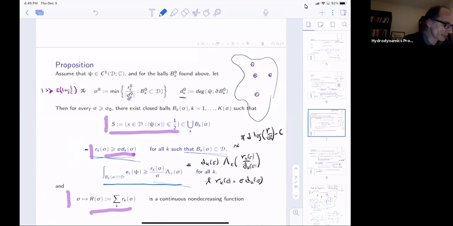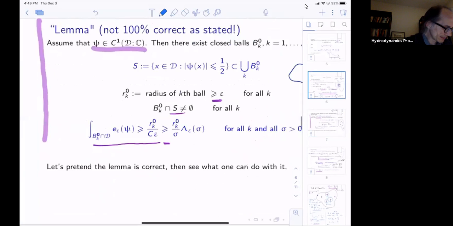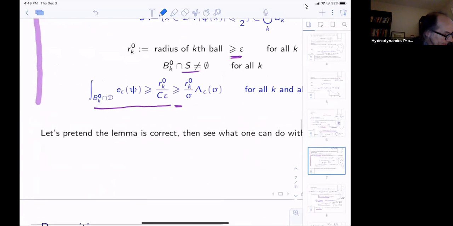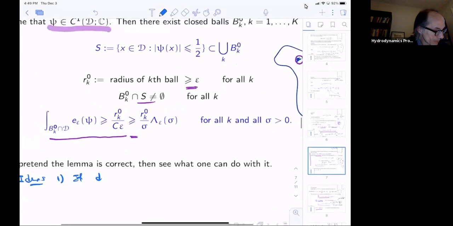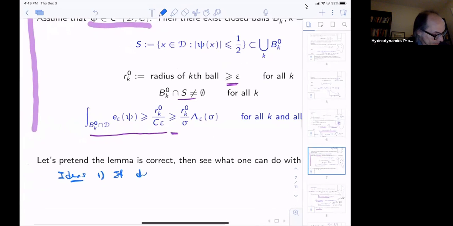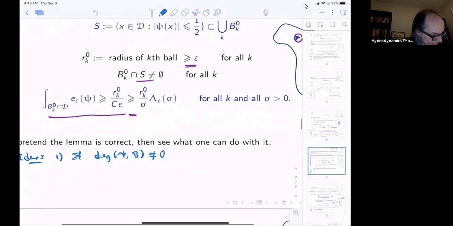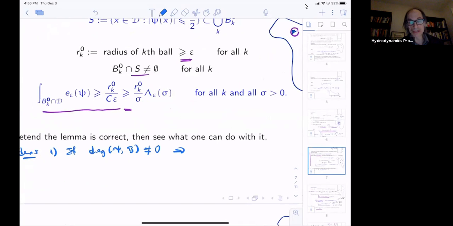Let me say then quickly the ideas here. One, if the degree of psi around the ball is not equal to 0, then, remember the degree is related to the fact that psi has modulus greater than 1/2 on the boundary.